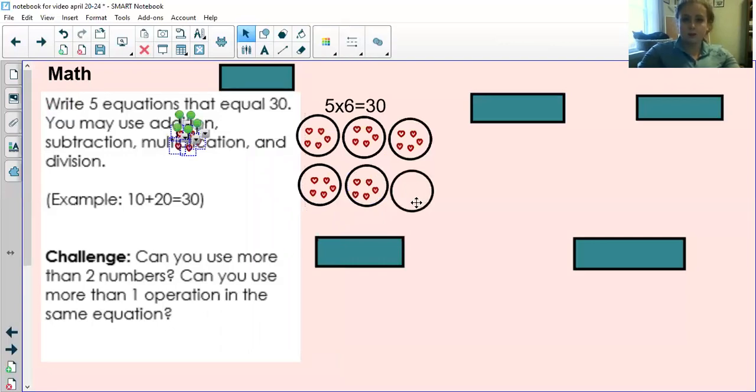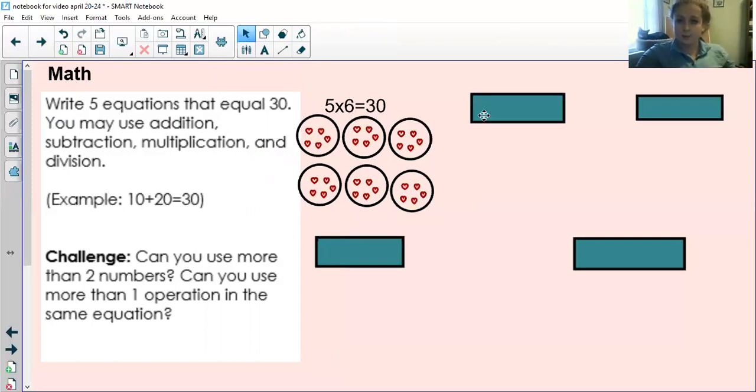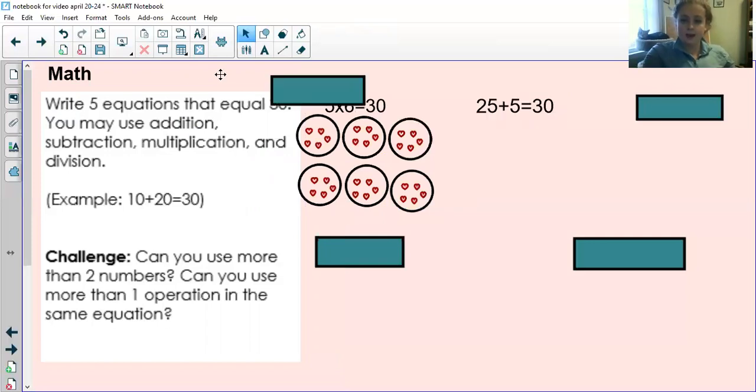So what you could do is you could count it up. So if I go 5, 10, 15, 20, 25, 30, you could also count on your fingers. So 5, 10, 15, 20, 25, 30. And that gets you to 30. Here's another one. 25 plus 5 equals 30.